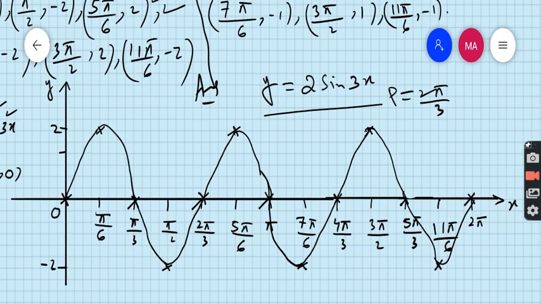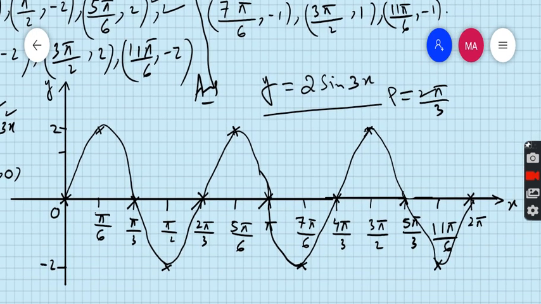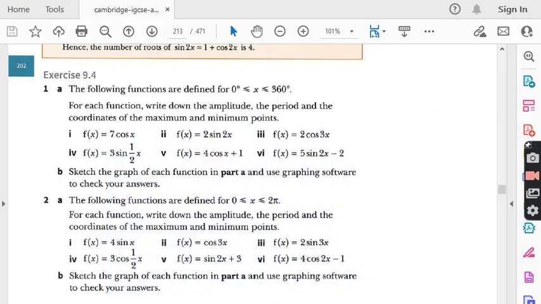Now we have to check this answer graphically. No problem.